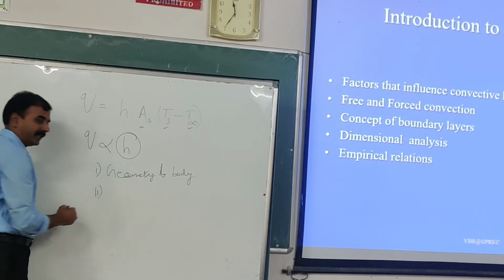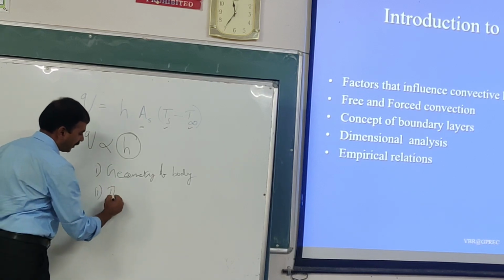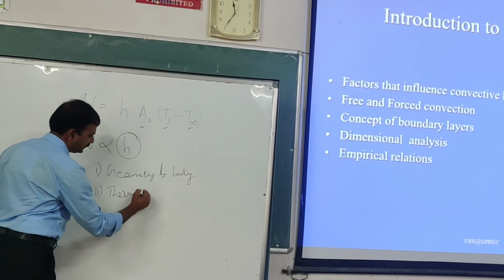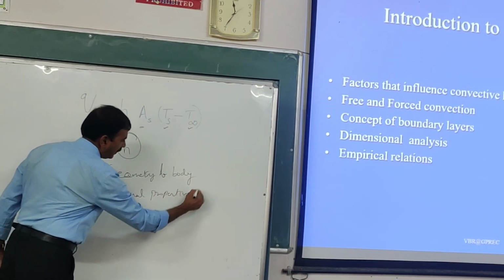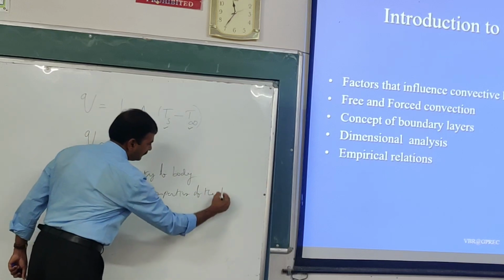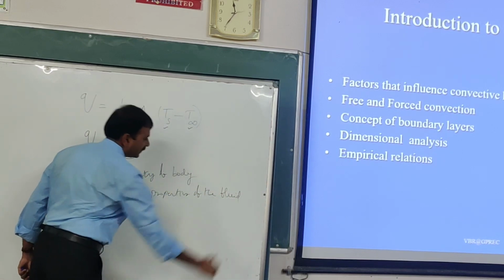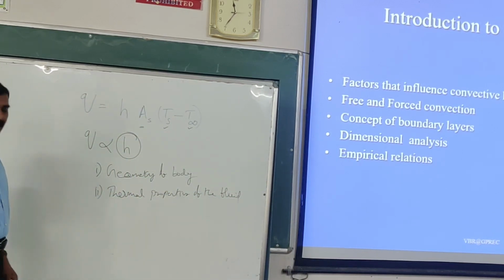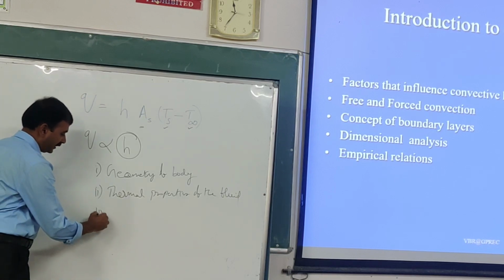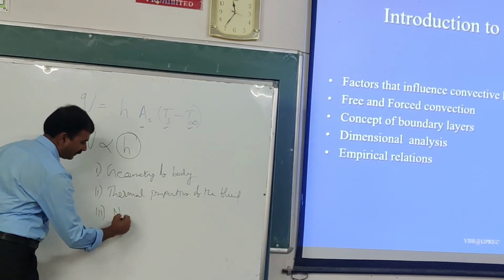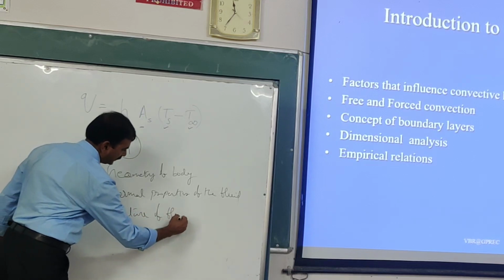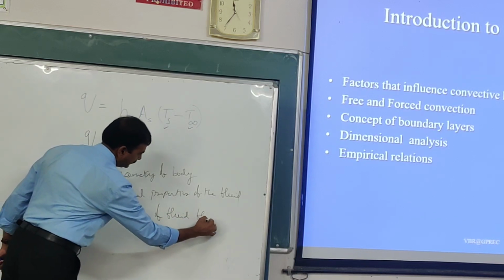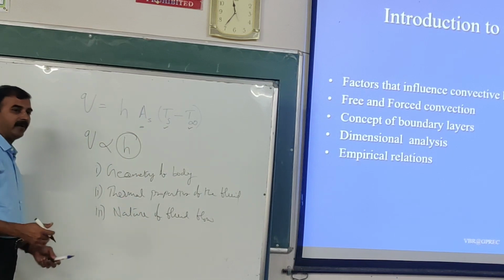The second one is thermal properties of the fluid, which is involved in the convection heat transfer. And the third is nature of fluid. Now let's take one by one.